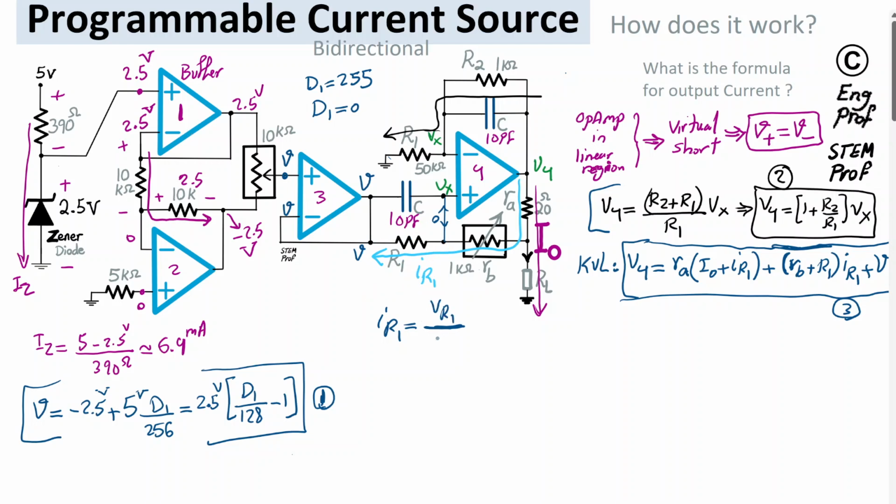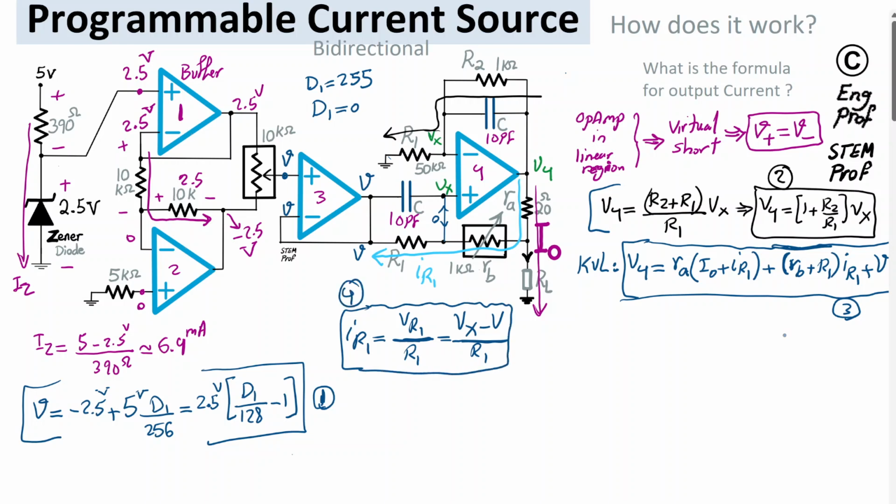So VR1 divided by R1. But VR1 is just simply Vx minus V, the two voltages across R1. So Vx minus V divided by R1. So this is my equation number 4.